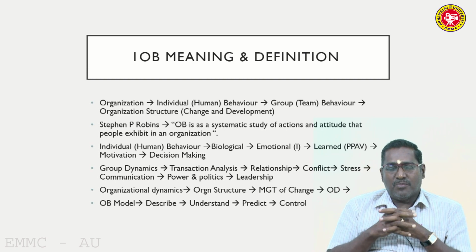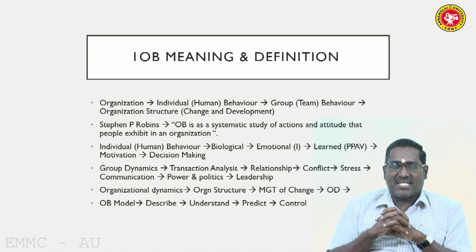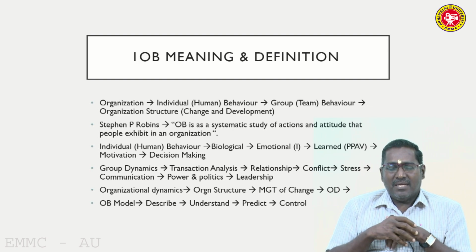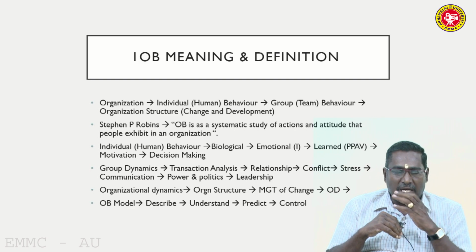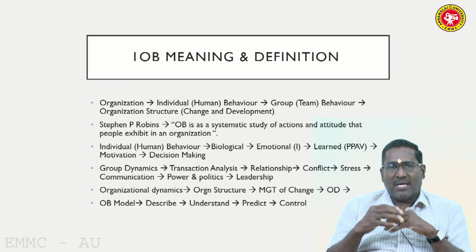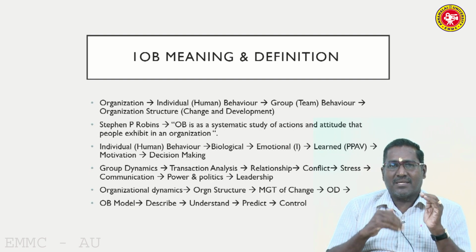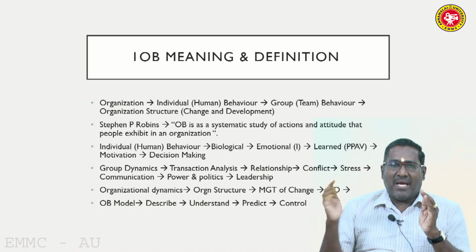The first component is transactional analysis, or TA. TA is an important topic when it comes to group behavior, and in transactional analysis we will study in detail how an individual behaves as a child, adult and parent. So the human lifestyle could be put into three phases: as a child, as an adult, as a parent.